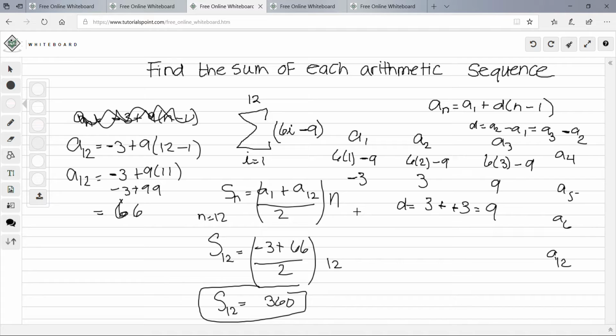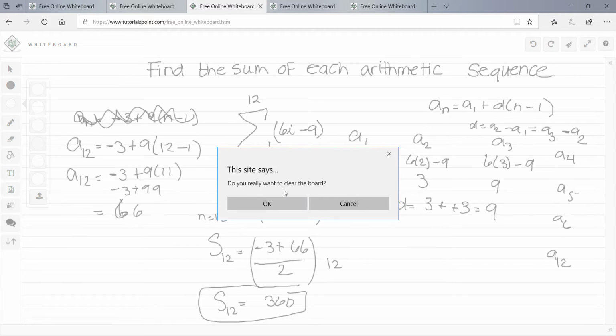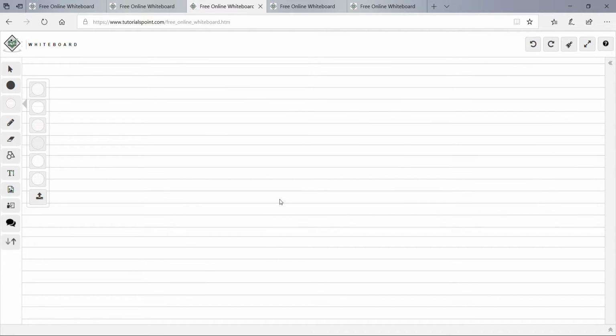Let's do this one. So we're still going to find the sum of each arithmetic sequence, so I'm going to clear the board. So let's say you're given 1/2 plus 3/4 plus 1 plus 5/4 plus etc., etc., etc. until you go to the fifth.